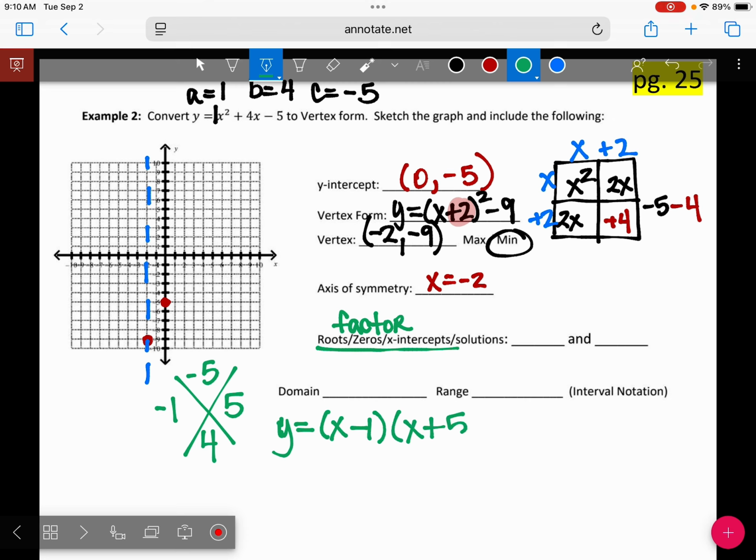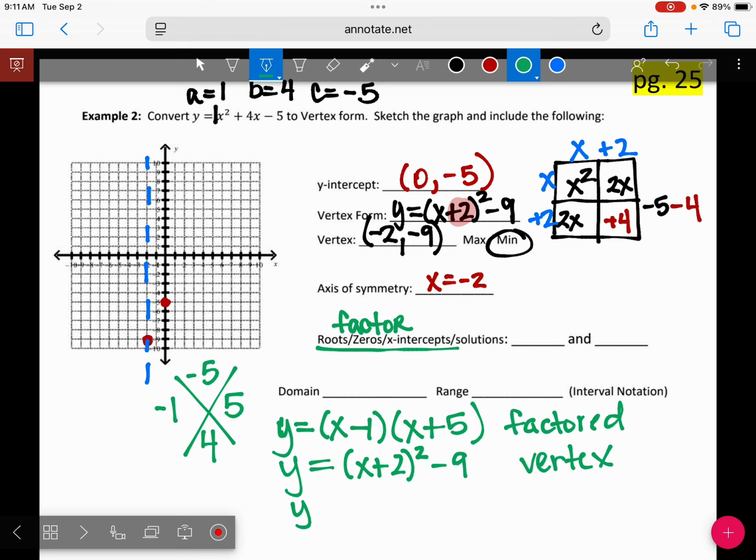So I want to make sure you all understand that we took this equation and rewrote it 3 different ways. This is the factored form. And then we also wrote it in vertex form. And the one they gave us was standard form. All 3 of these graphs are identical.